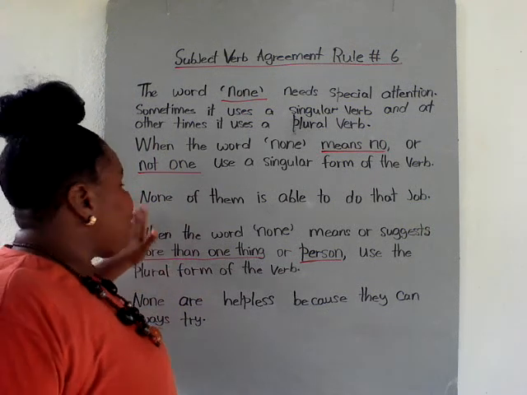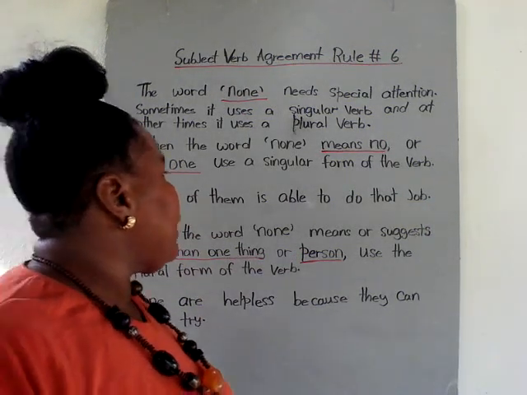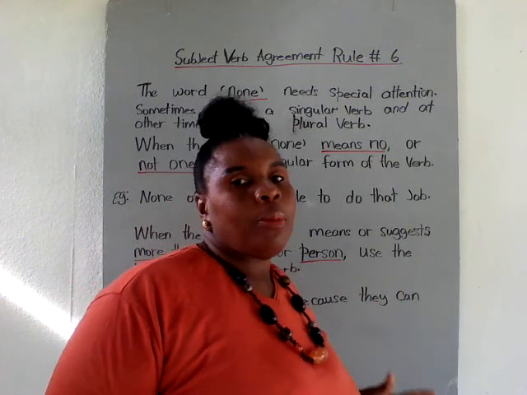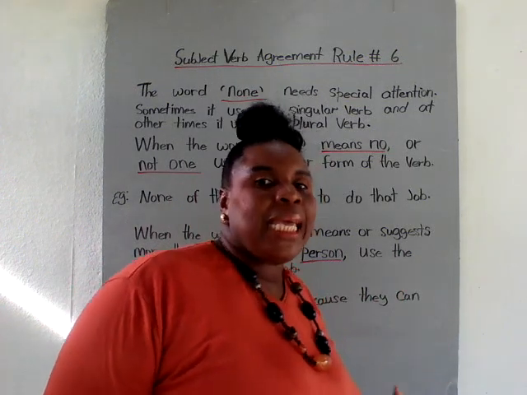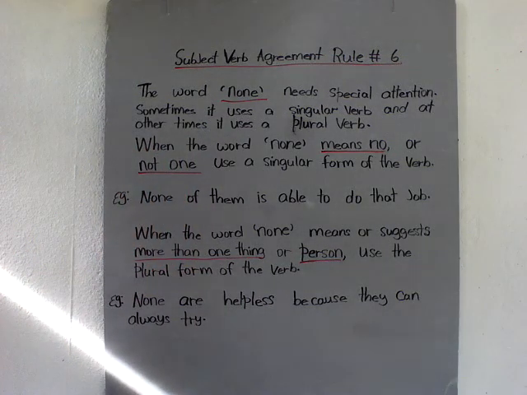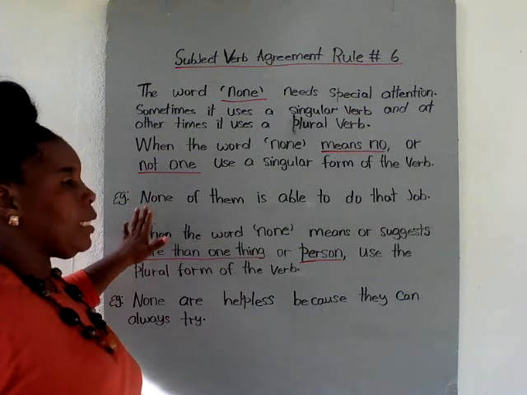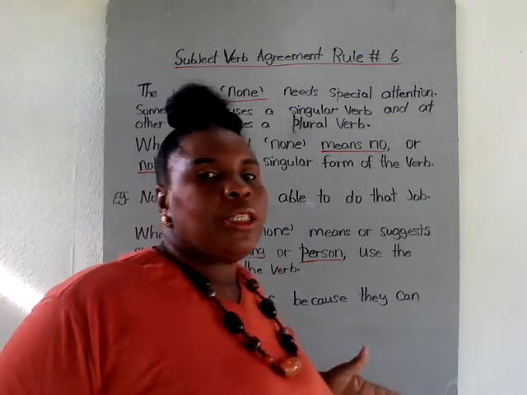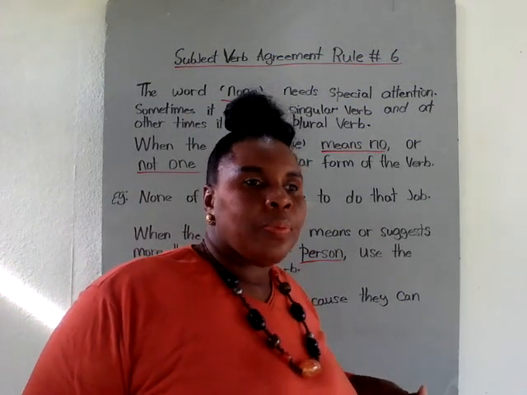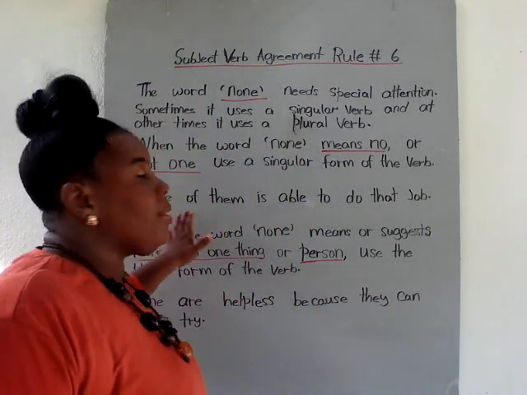Here's an example I've written out for you. None of them is able to do that job. None means not one of them. If you say none, you're saying not one of them. Not one of them is able to do that job. It's the same thing as none.